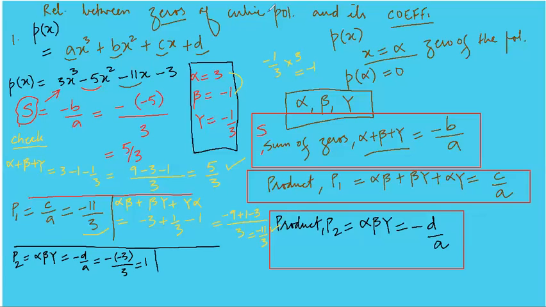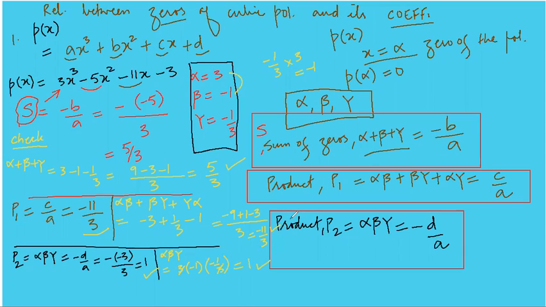Now we go for the check. We know P2 is alpha beta gamma. Alpha into beta into gamma is equal to what? 3 into minus 1 into minus 1 by 3. 3 cancels with 3. Minus 1 into minus 1 is 1. 1 here, 1 here. Our third relationship is also checked.